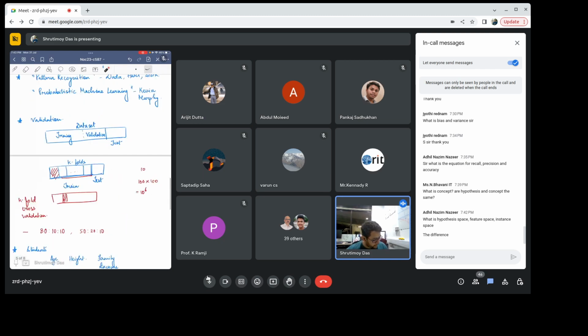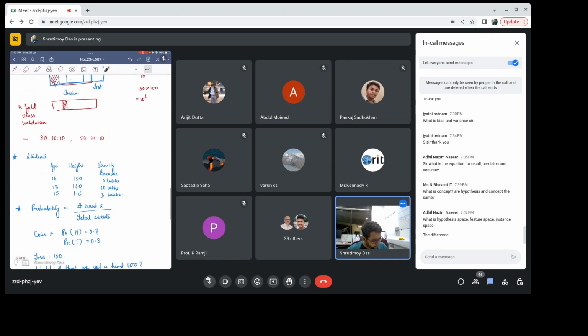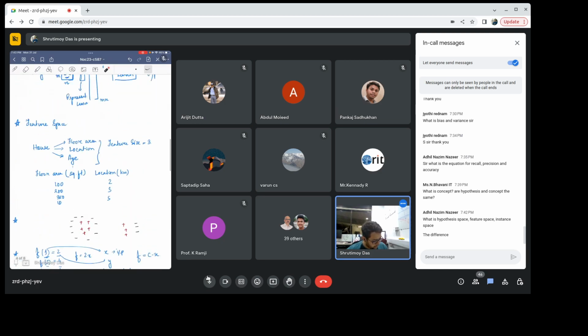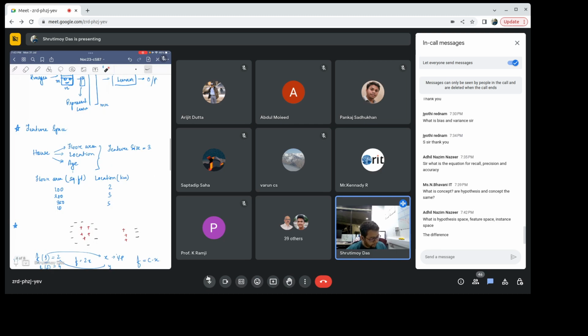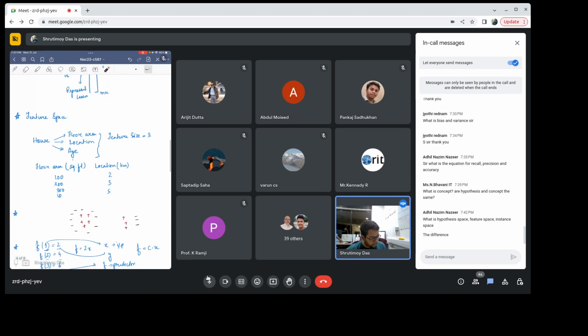Feature space. Suppose we have this example where we have a house and the features are floor area or location. So this floor area can have values such as this, location can have values such as this.